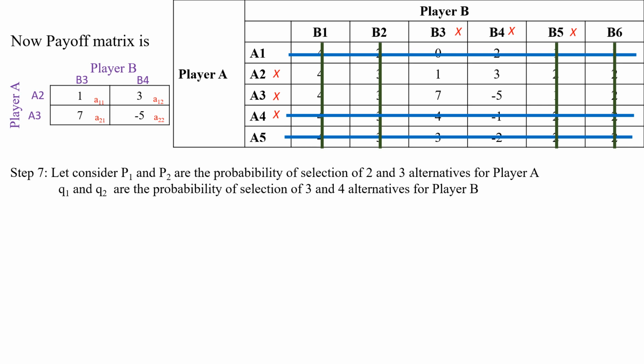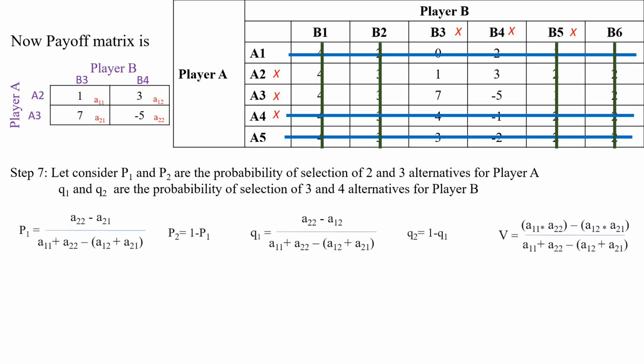Let's consider P1 and P2 as the probabilities of selecting the second and third strategies for player A, and Q1 and Q2 as the probabilities of selecting the third and fourth strategies for player B. We know these formulas to find the probabilities P1 and P2, similarly Q1 and Q2. Similarly, we know the formula for the value of the game.